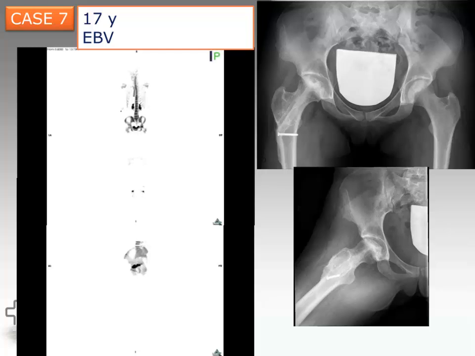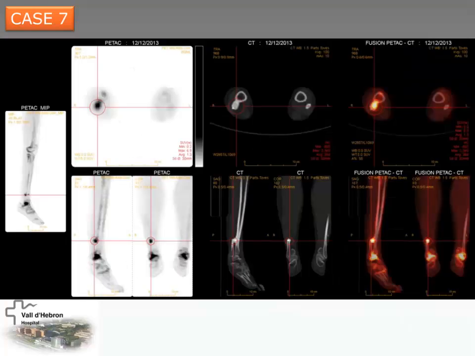And in this case, a 17-year-old boy with a previous Epstein-Barr virus. I think I showed you this image this morning, but now we can see some of the images in more detail. What do you think this is? It's an increased uptake on the distal part of the fibula.